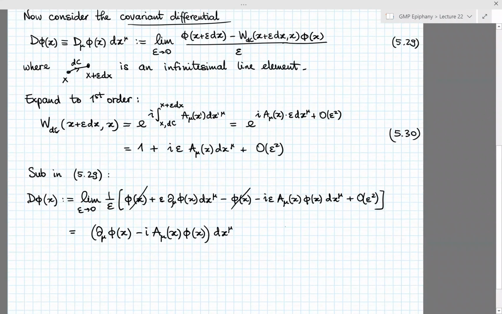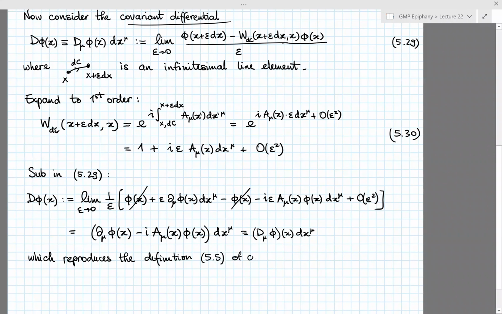And so we see that the definition of the gauge covariant differential in 5.29 reproduces precisely the definition of the gauge covariant derivative that we introduced earlier. Namely, that D mu phi is the ordinary partial derivative minus i A mu times phi.